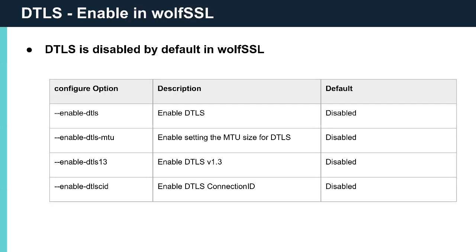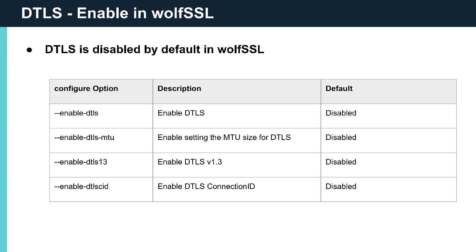By default, we disable DTLS in wolfSSL just for size constraints, and most people are using TLS instead of DTLS. You can easily enable it if needed with enable-dtls. We've got some other DTLS specific options. We have enable-dtls-mtu, which allows you to override the maximum transmission unit size for DTLS.